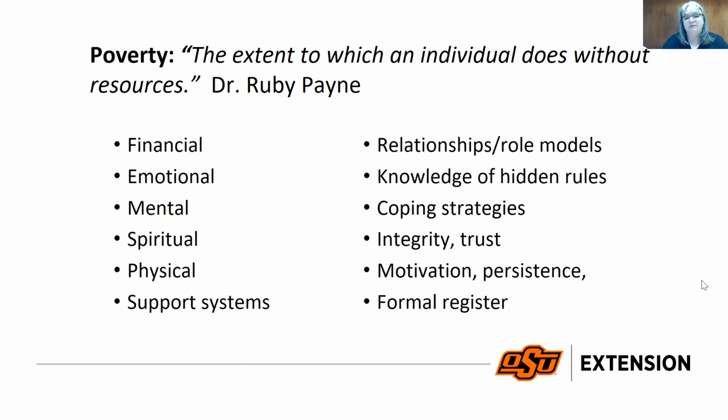They're going to have resources to help them get out of that financial situation. But on the other hand, if you have someone who becomes wealthy, but they lack all of these resources, they're not going to remain wealthy very long. Just think about someone who's won a lottery.